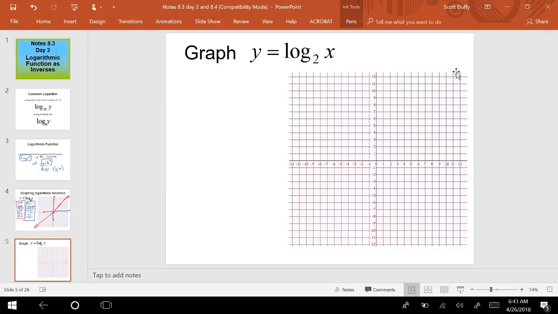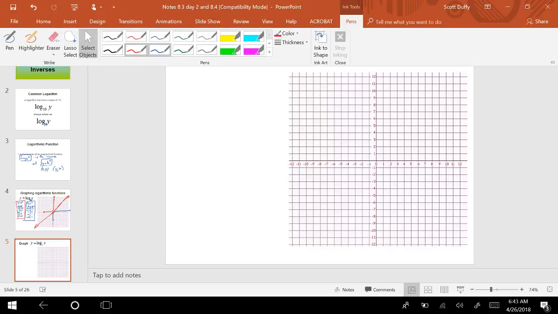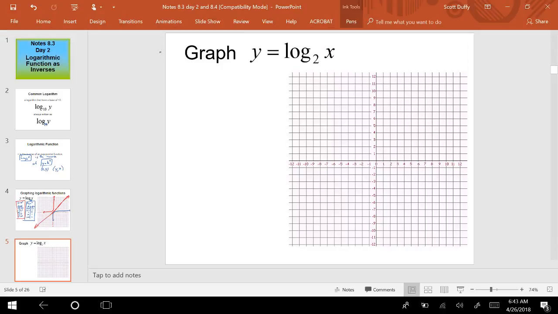Next one, log base 2 of x. So the original function, before we took log base 2 of x, was y equals 2 to the x. So if you want to do your x and y coordinates for this: negative 2, negative 1, 0, 1, 2, we get 1/4, and then 1/2, 1, 2, 4.